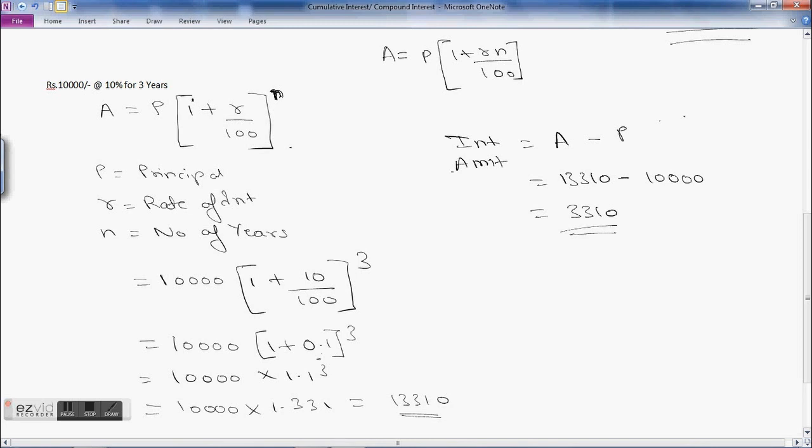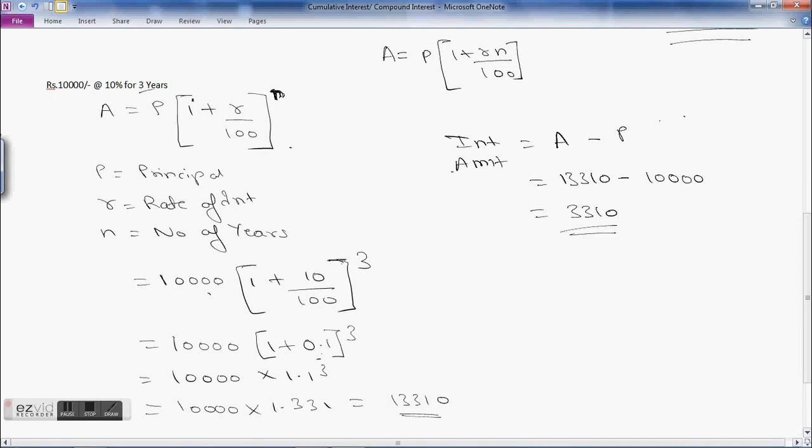This is because this raised to n means when you raise all this to the power of n, that means the number of years the amount is invested, that many times you have to compound the interest. Okay, that is the amount of 10,000 which is initially deposited.